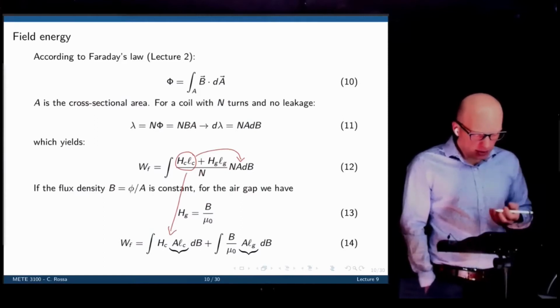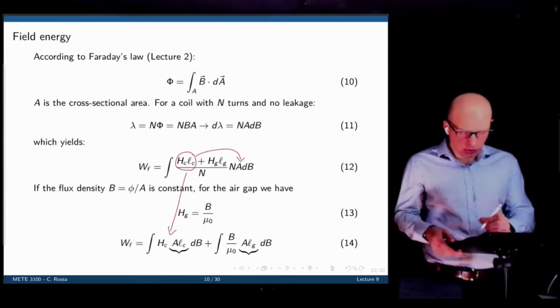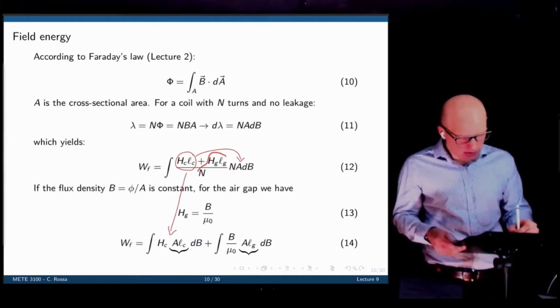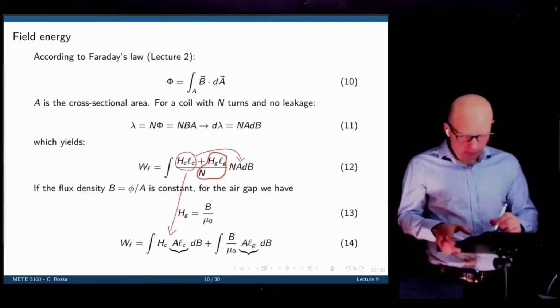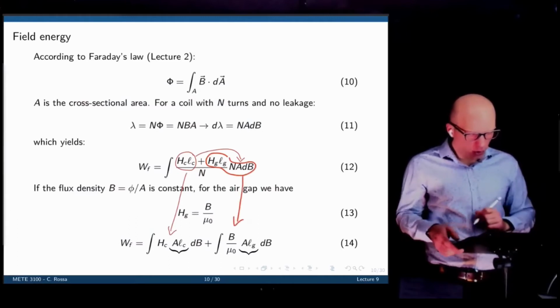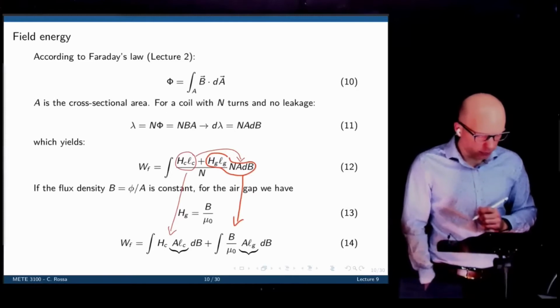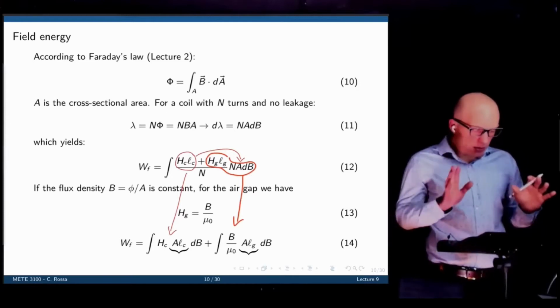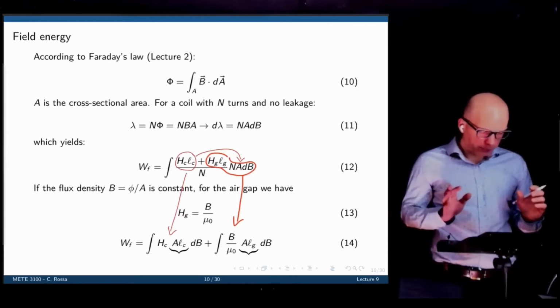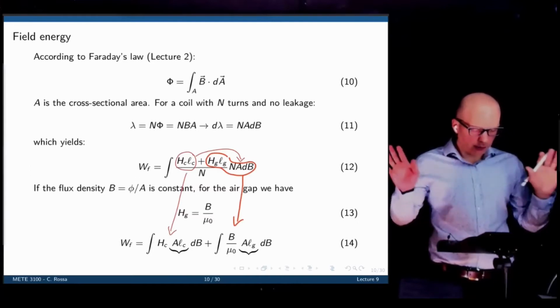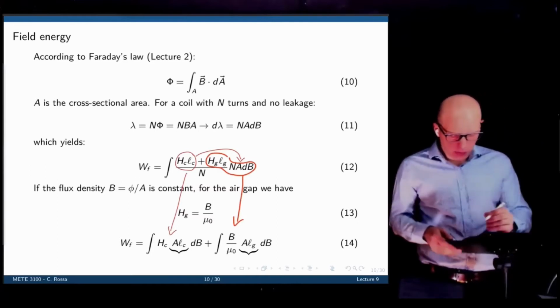Integral of that dB is the first term of the equation, and the second term of the equation will come from this part here, where we replaced H with B over mu. So this is the same equation now rewritten for each part, for the core and for the air gap. What do we see here?